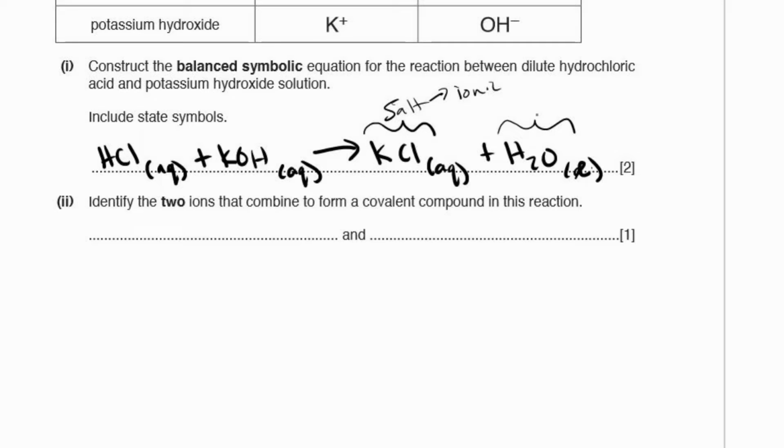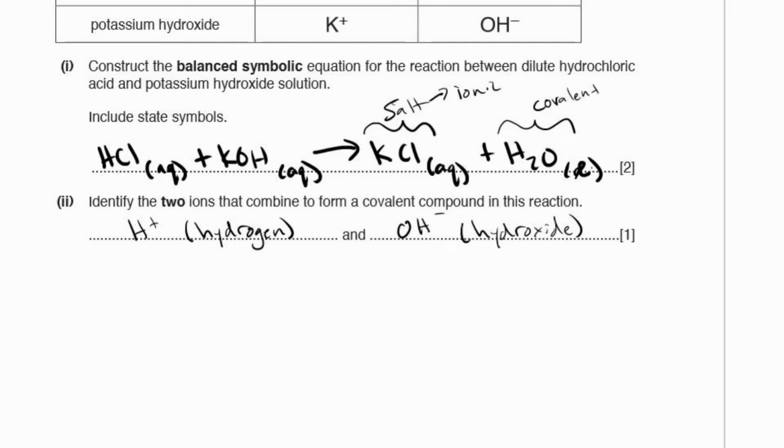In H2O, the atoms share their electrons, so water is covalent. So we have our H+, or we could say hydrogen, and we have our OH-, or we could say hydroxide. Both of those are okay.